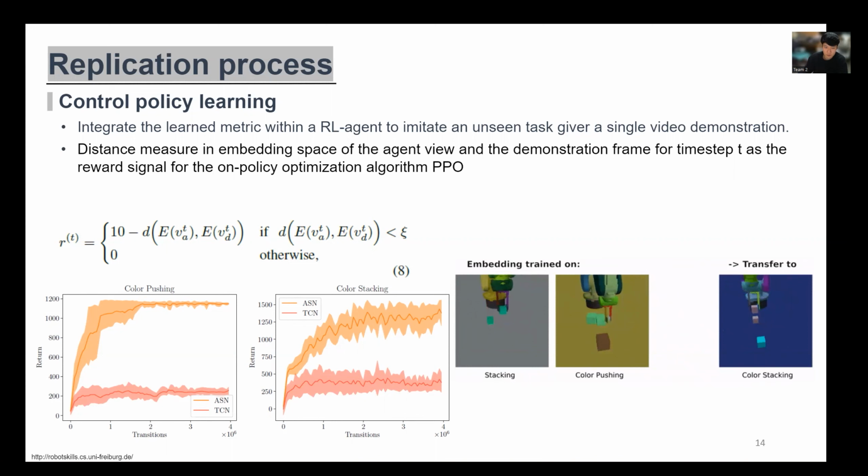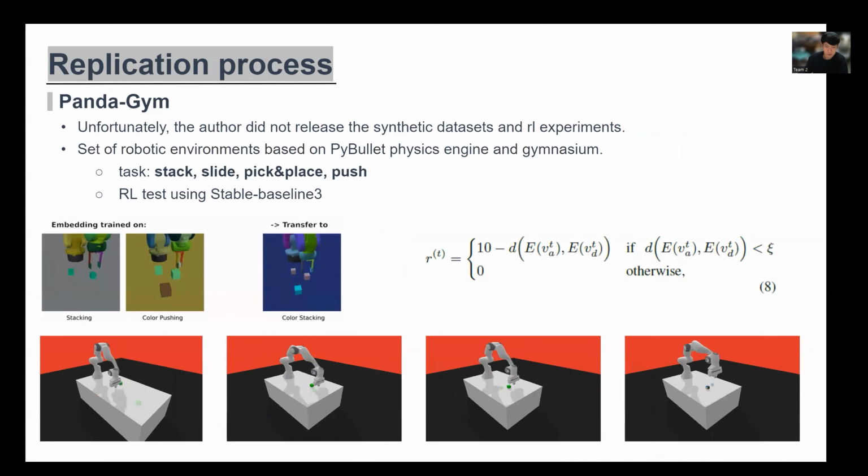Note that to reproduce this work, we need the synthetic datasets and reinforcement learning experiment setup. Unfortunately, the authors did not release the synthetic datasets and RL experiment setup. Therefore, we investigated environments as similar as possible to the experiment conducted in this paper.